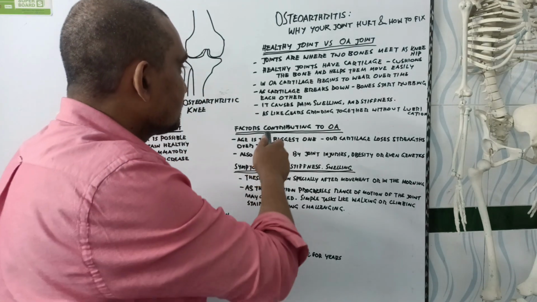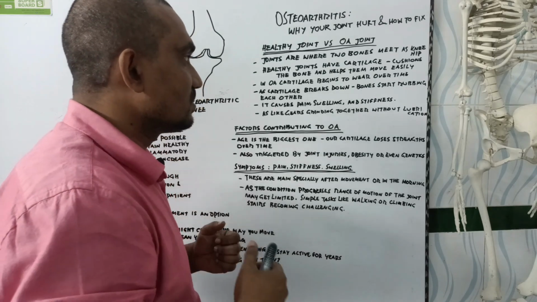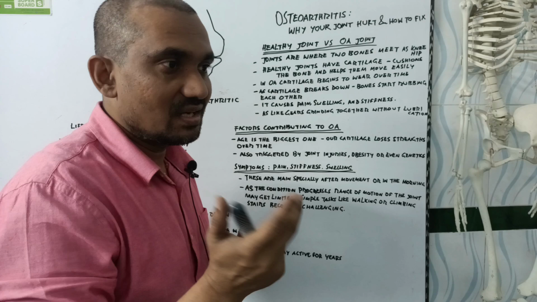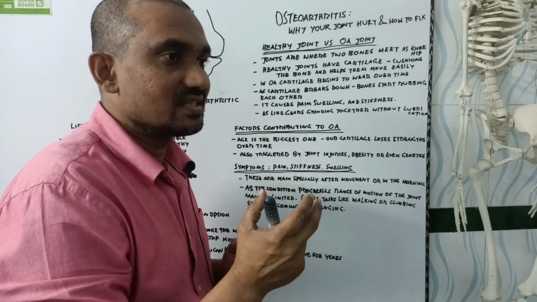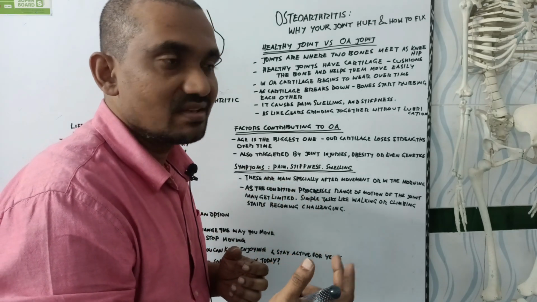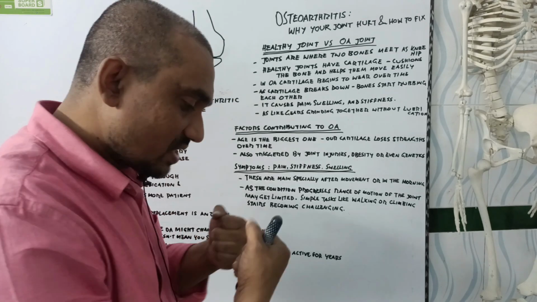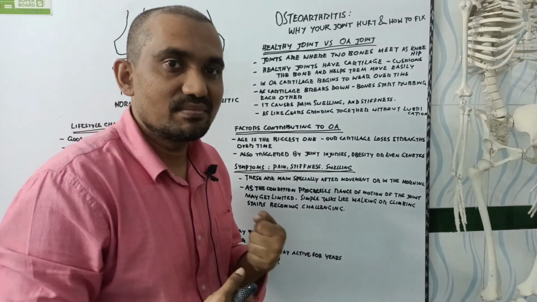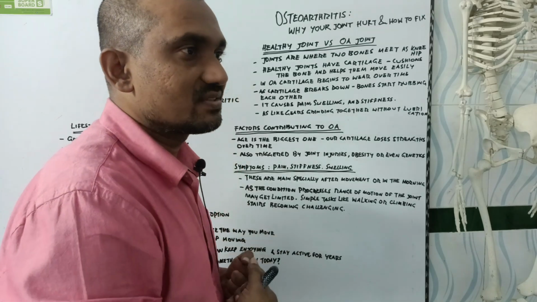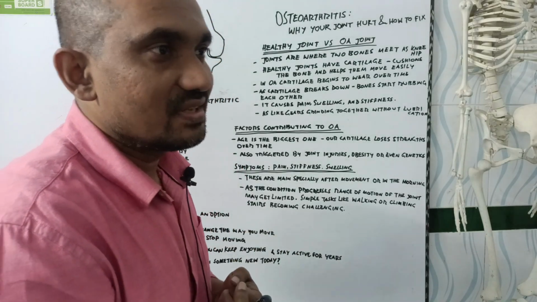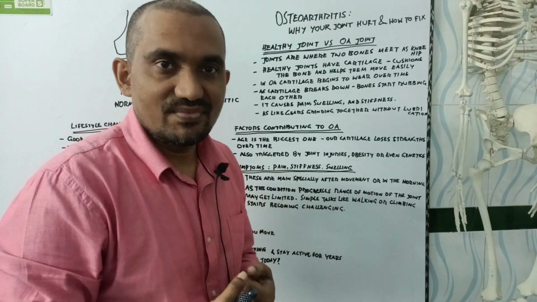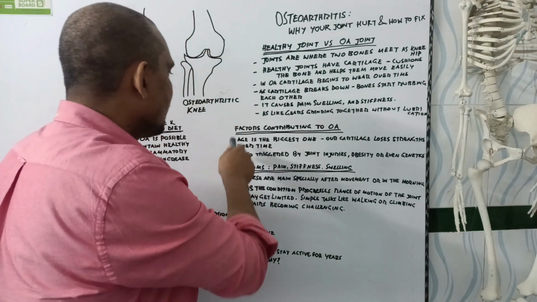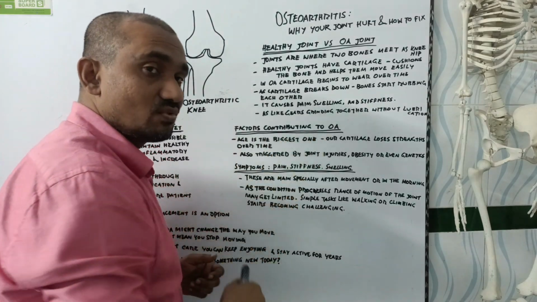It is like gears grinding together without lubrication. The lubrication is diminished as a result of osteoarthritis, and the two surfaces of bone rub together. Sometimes the patient feels very tough pain.